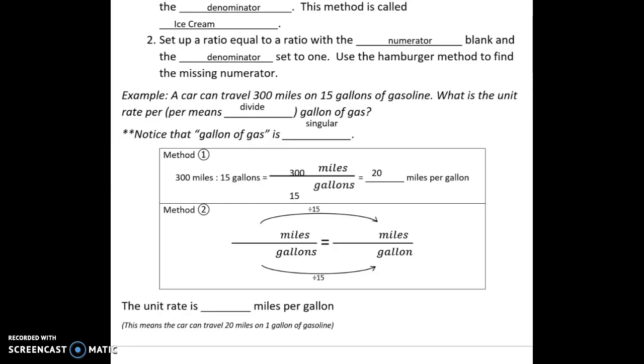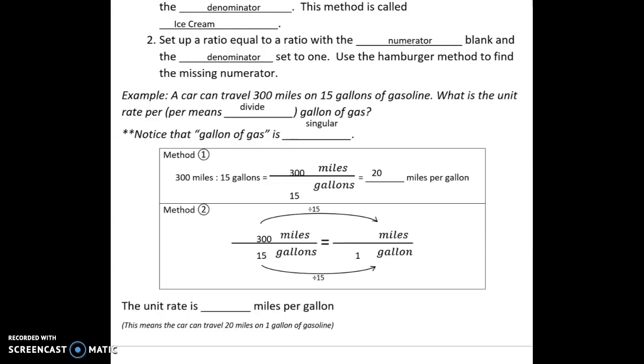Alright, let's see what it looks like with the hamburger method. So, we know that we have 300 miles per 15 gallons. And we know that a unit rate is something per 1 gallon. So how do you go from 15 to 1? Well, 15 divided by 15 is 1.